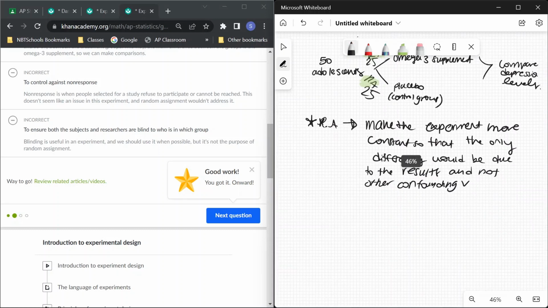So in essence, random assignment just limits confounding variables.